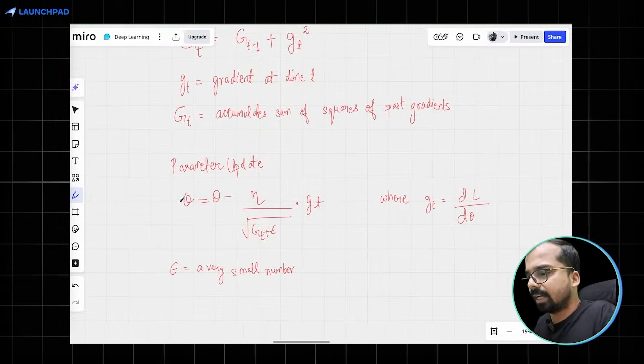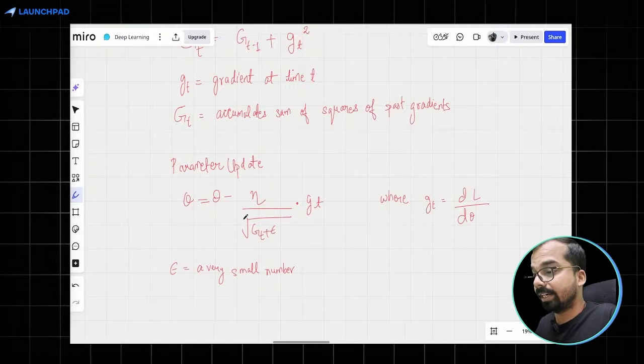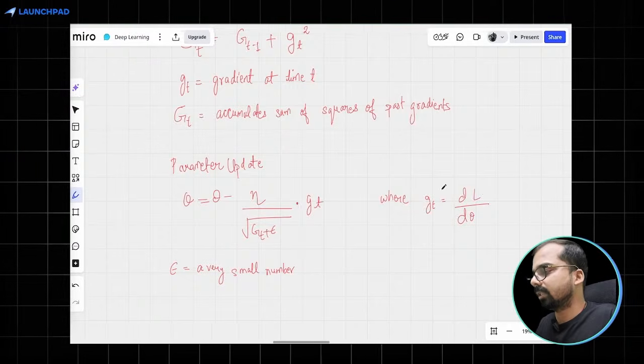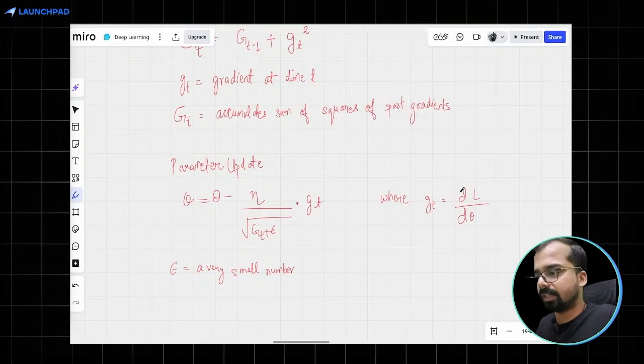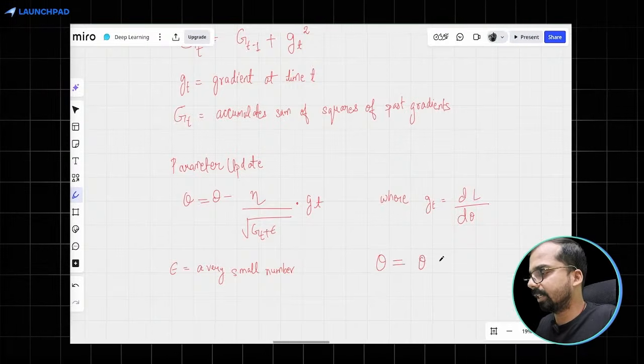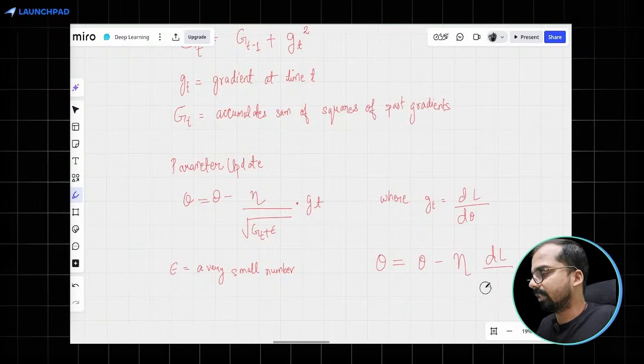Now theta is equal to theta minus the learning rate divided by square root of GT plus epsilon, times the gradient. If you compare it with standard gradient descent, my standard gradient descent was what? Theta minus learning rate times dL by d theta.